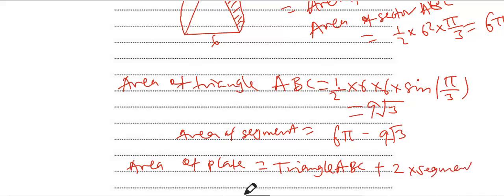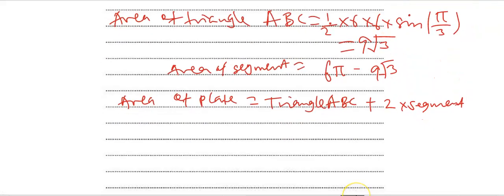So we are going to have 9 root 3 as area of a triangle plus 2 times segment, which is 6 pi minus 9 root 3.